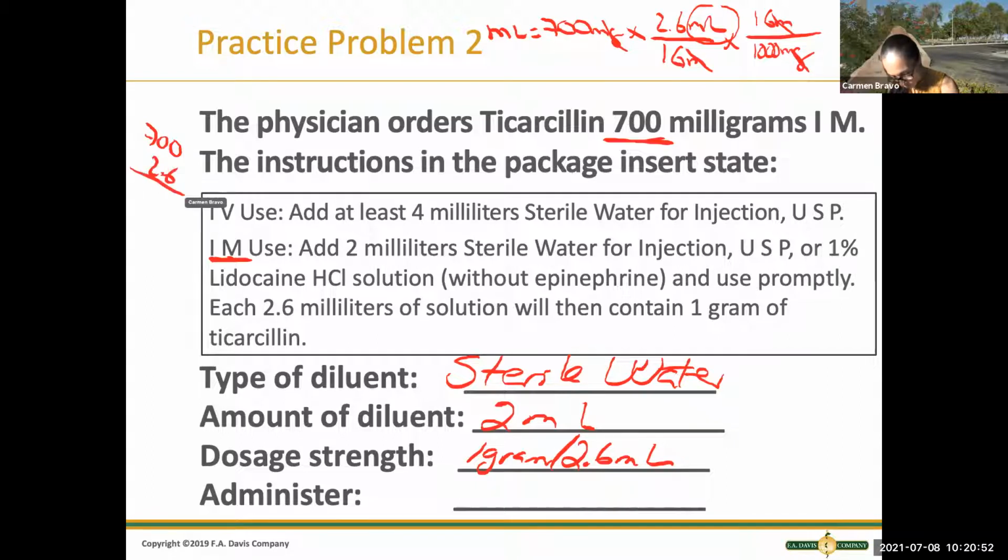If somebody else is faster than me, help me out. So we got 182 over 100.